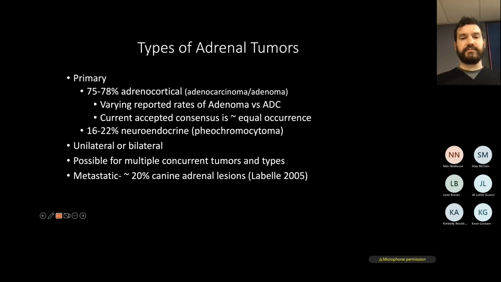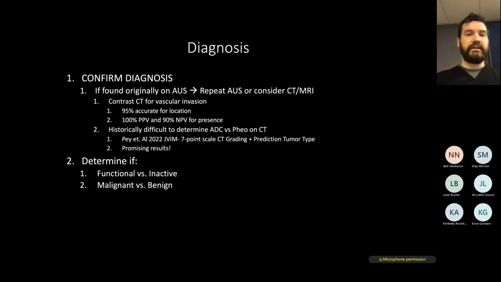A 2005 retrospective study showed, and I think this was higher than a lot of the other studies I was looking at, that 20% of their adrenal lesions were metastatic. Most other studies were saying lower than that.